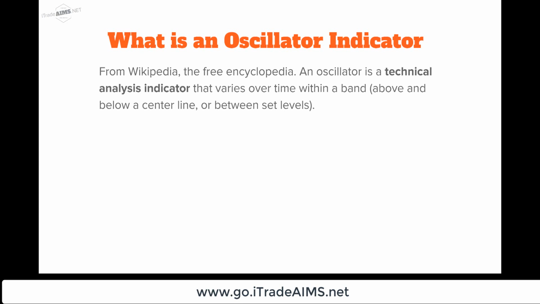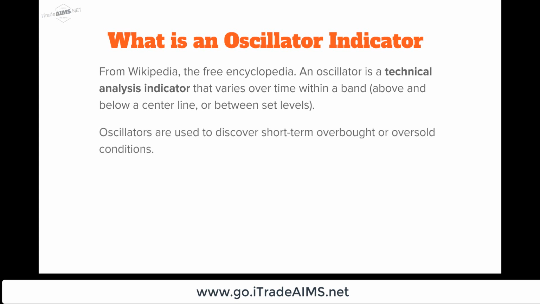The concept that we call the zero line, and then the concept of close to zero line, we discussed in the video before. I'm going to link that video in the description. Oscillators are used to discover short-term overbought or oversold conditions. That's the general explanation.